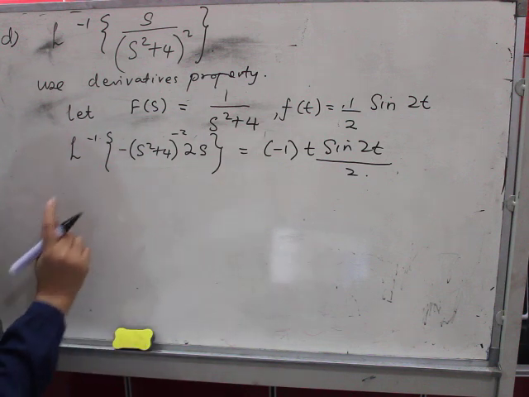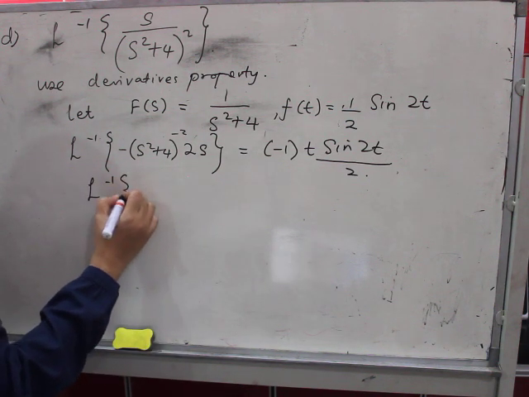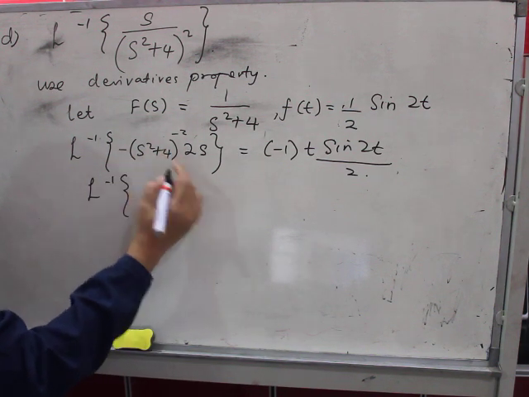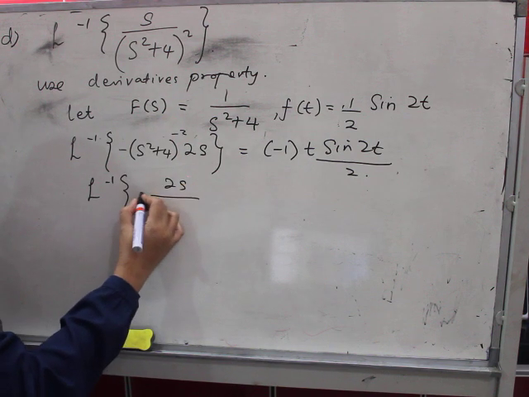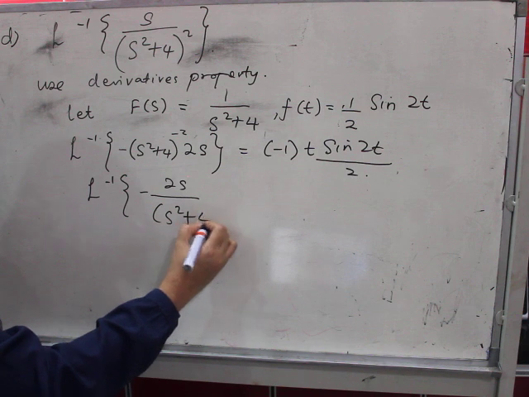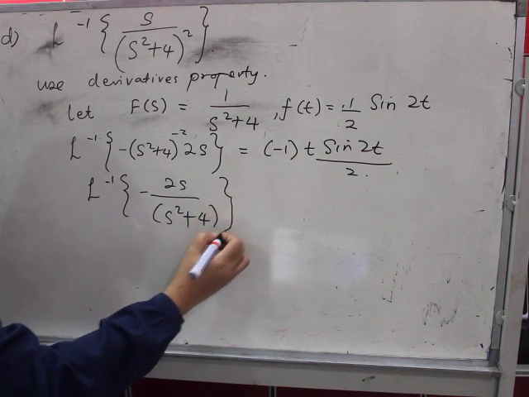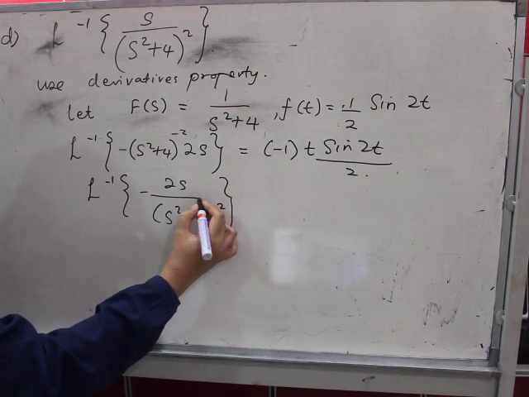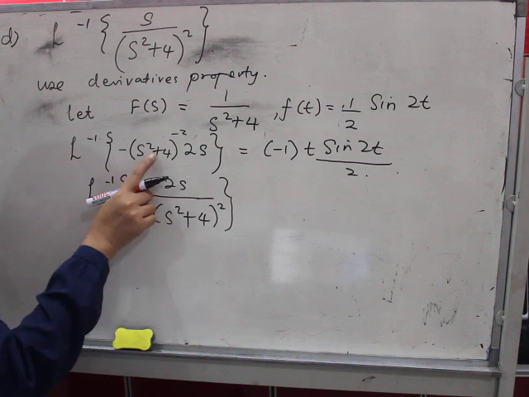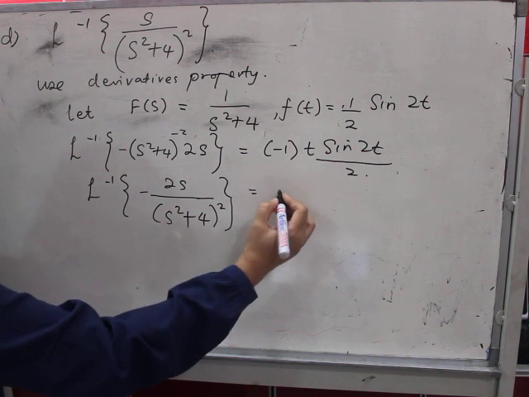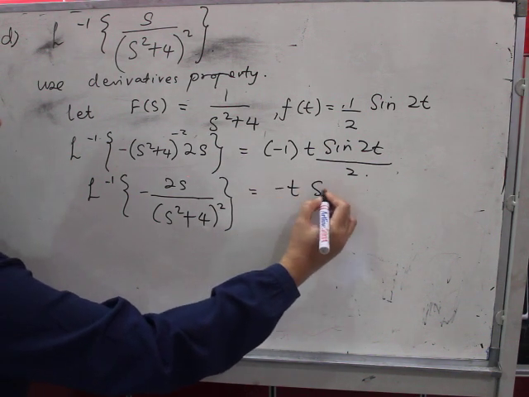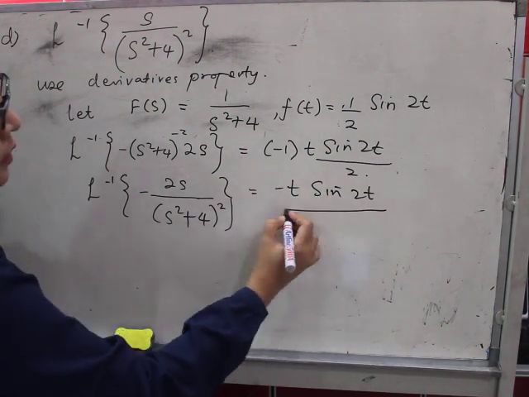Okay, so now if we rearrange, we just simplify this. It becomes like this. Just bring these functions down, so it becomes t sine 2t, this one.